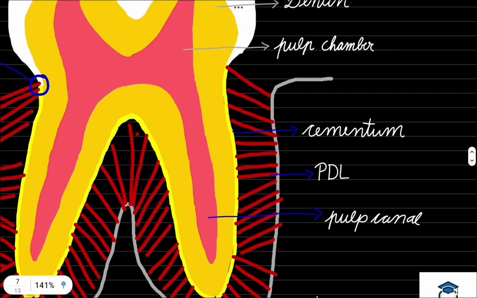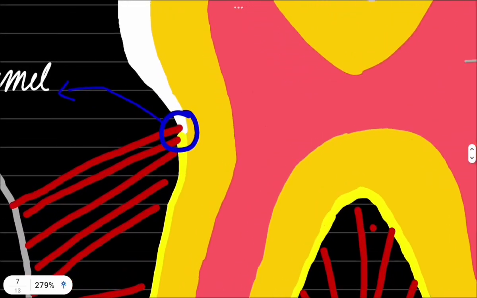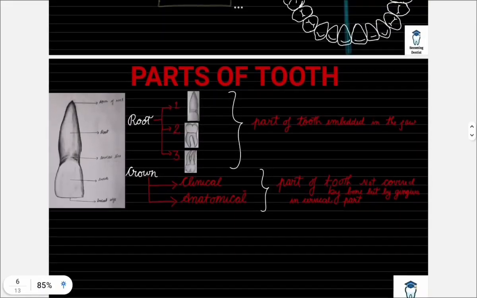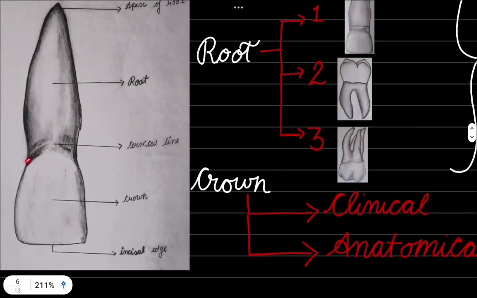Now the junction here where the enamel and cementum meet, as you can see, is called the cemento-enamel junction, or the cervical line. Here, as you can see, this is the cervical line, and this is also where the cementum meets the enamel.